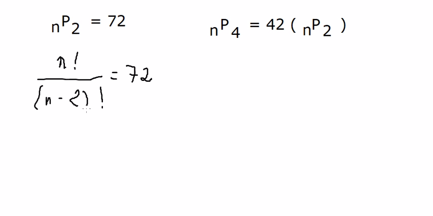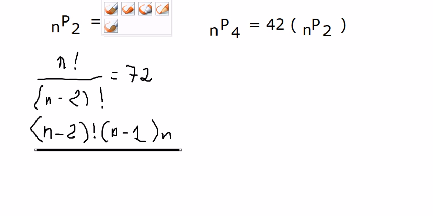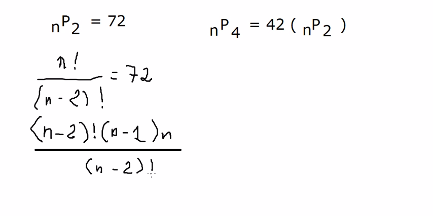About n minus 2 factorial and n factorial, we can write n factorial as n minus 2 factorial multiplied with n minus 1 and n, divided by n minus 2 factorial, equals 72.